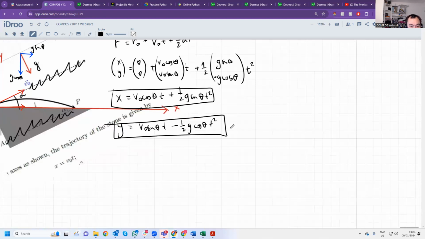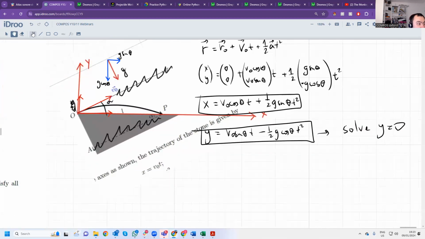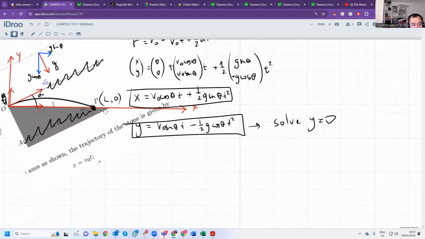So we need to solve for y equals 0 because we finish at a point where y equals 0. We finish at a point P, which has coordinates L, 0. Right? So y is 0, and that means either t is 0, which is not possible, so we divide by t.